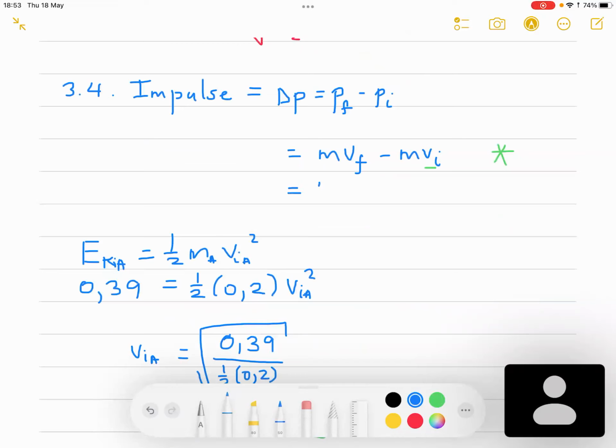So m is 0.2. The only thing I have to be aware of here is the direction.